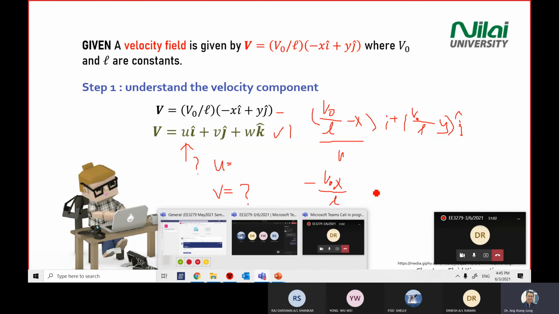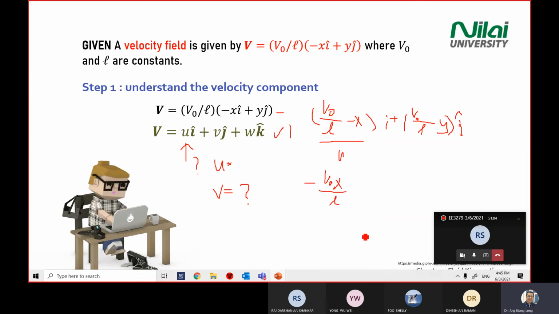Yes, sir. You look at the screen here. What is w and k value? Sir, the k, we need to do the same as the first one, sir. We need to put it there, then we just simplify and we get the same one, sir. By looking at the screen, what is the value of w and k component?